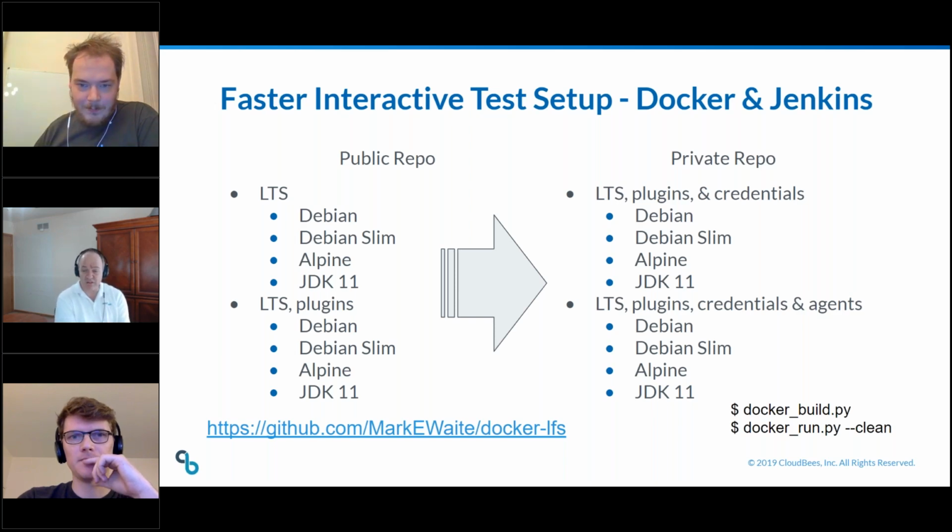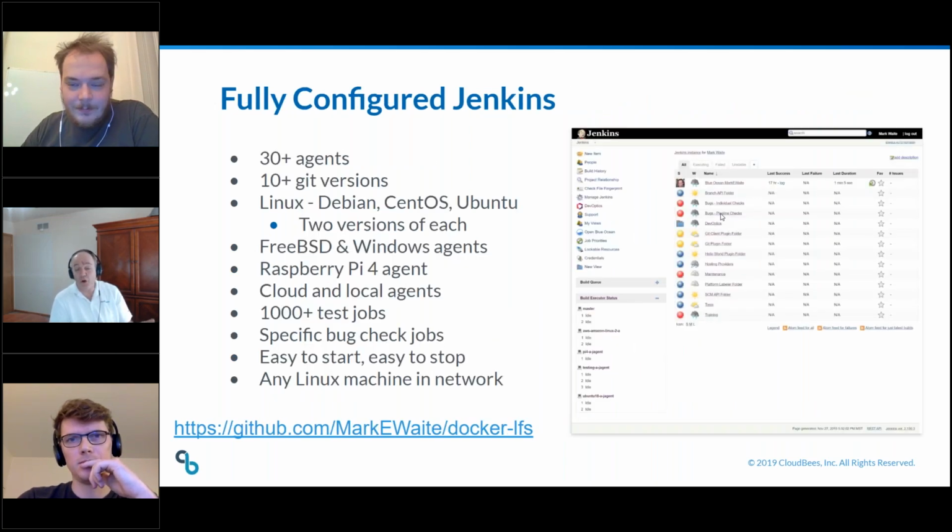And I get out of it a significant and interesting set of configurations that I can stand up and tear down very rapidly anywhere. So in my example, I've got 30 agents that I use: FreeBSD, various Linux variants, multiple Windows machines, my Raspberry Pi, cloud agents, local agents, and over 1,000 jobs that I use to test some specific bug checks, and it's simple and easy to start anywhere in my network.